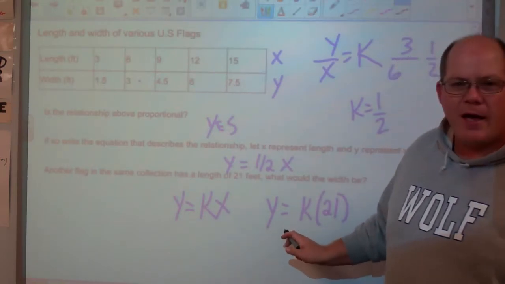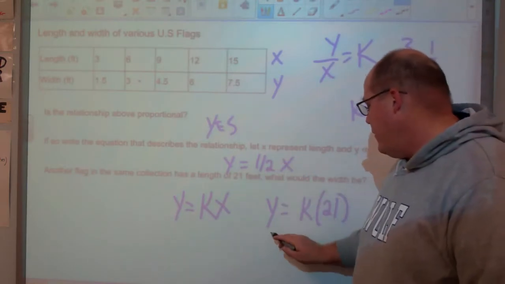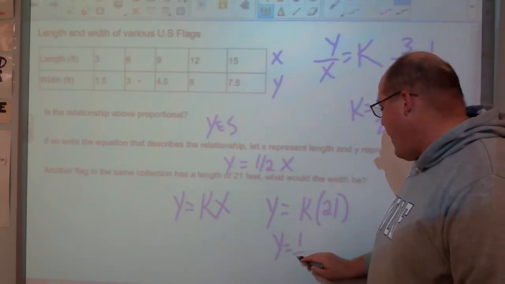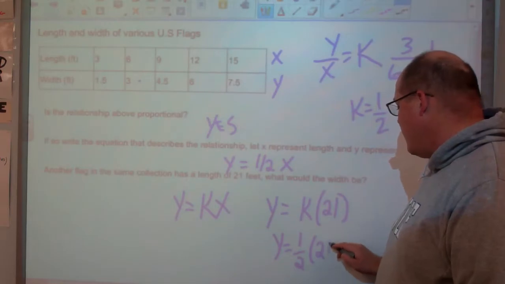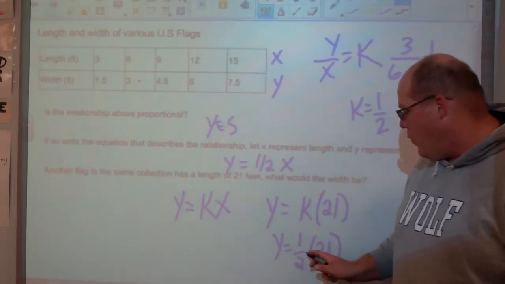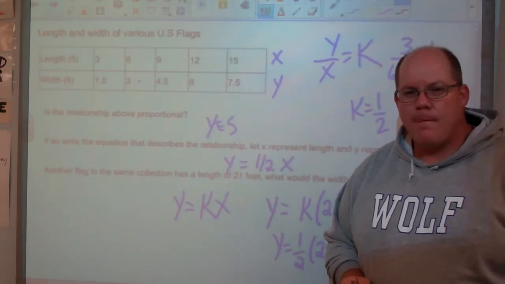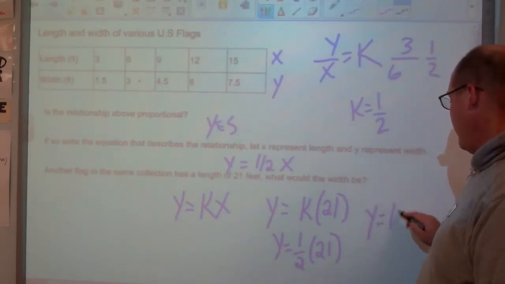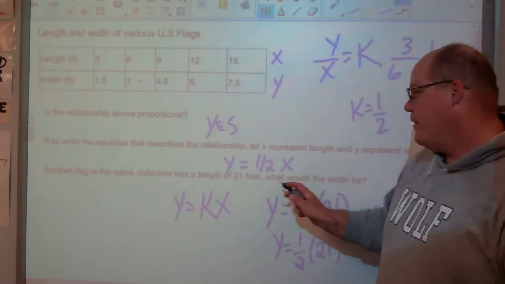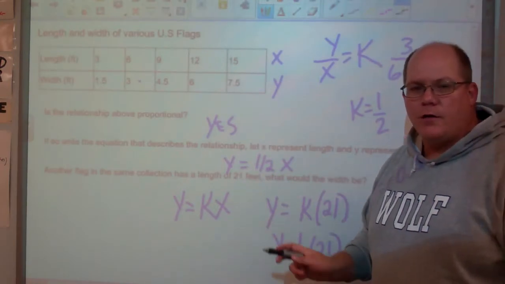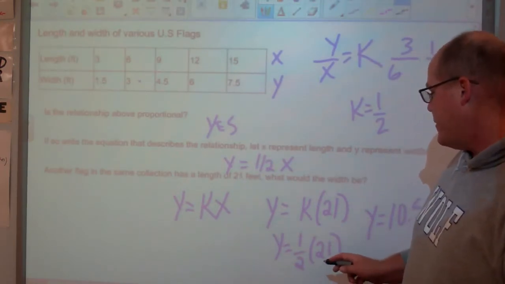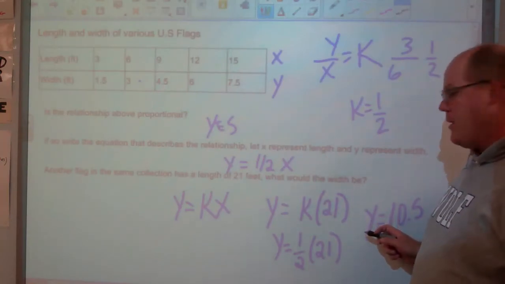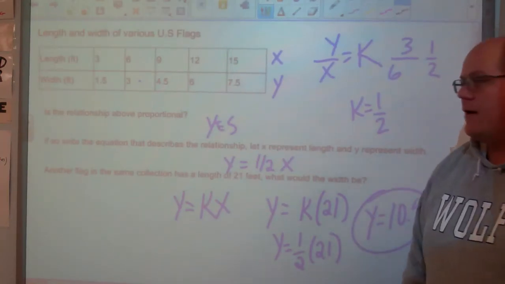We also know what our k is, correct? k is 1/2. So y equals 1/2 times 21. What is 1/2 of 21? 10.5. So if the length was 21, using the slope 1/2, we would have y equal 10.5.